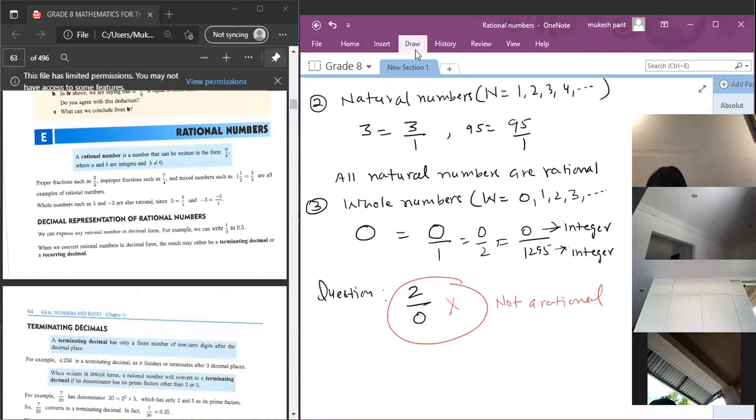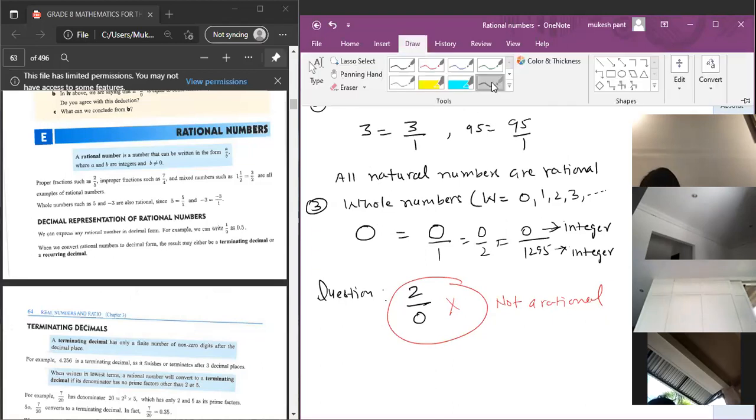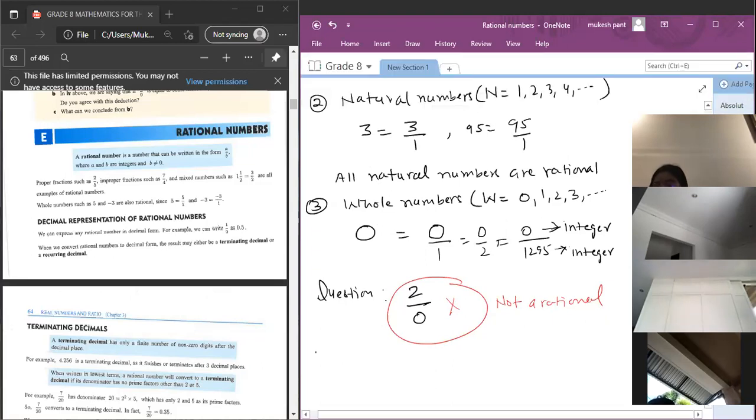Okay, now we have discussed natural numbers, whole numbers, and integers. I think you know what integers are.